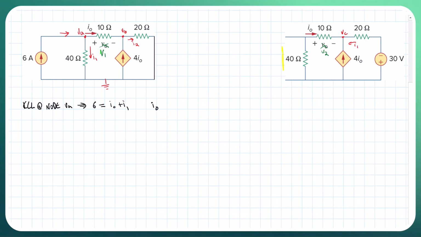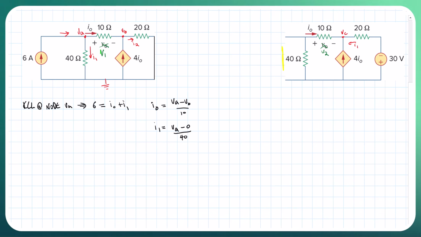I naught is defined as VA minus VB over 10, so we got VA minus VB over 10 ohms. Then I1 is going to be VA minus 0 over 40.